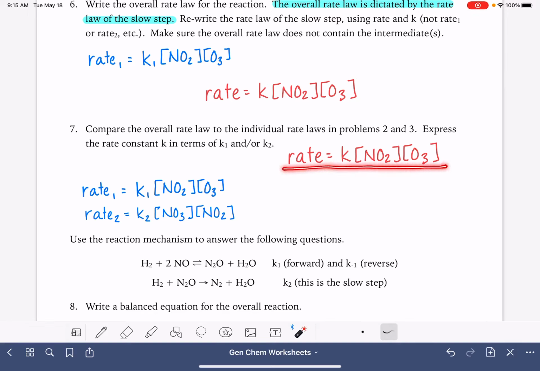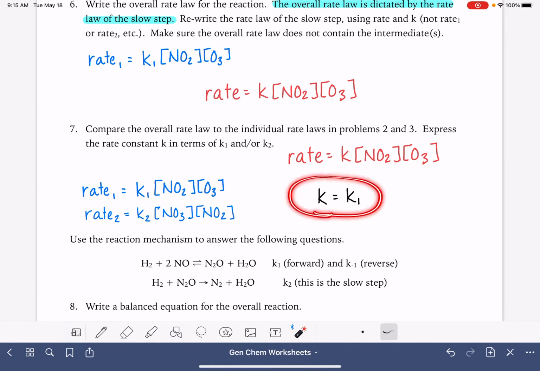If this is my overall rate law, and this here is an individual rate law that matches it almost perfectly, from that, I can say that my overall rate constant K must be exactly equal to K sub 1, because otherwise, everything is exactly the same in these two reactions.